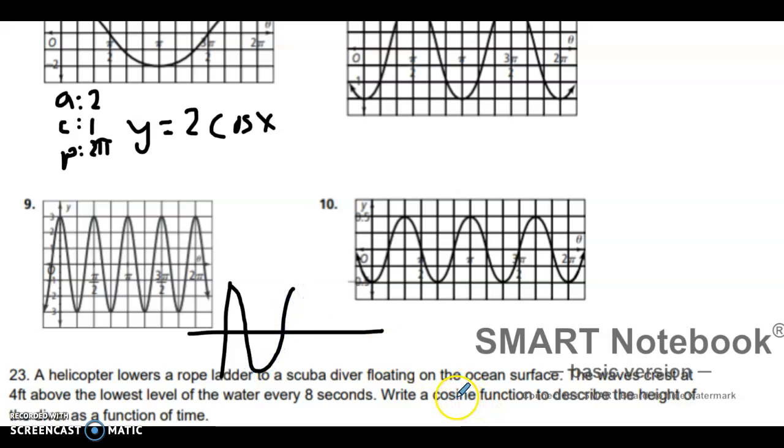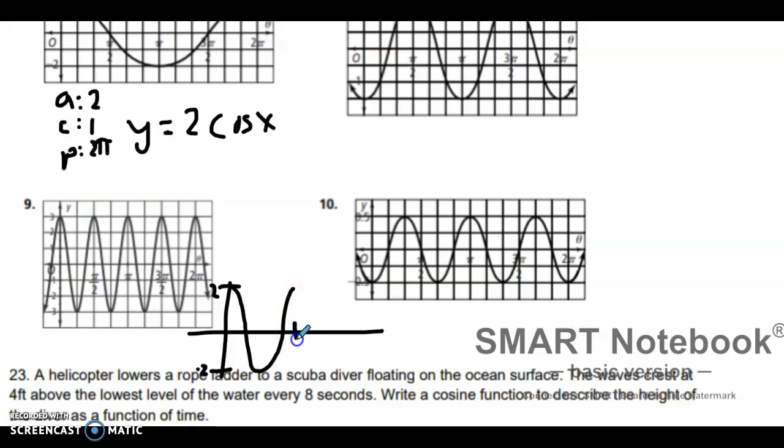And it said write a cosine function, so that's why I started up here. So it says it's 4 feet above the lowest level. So that means from the bottom up to the top is 4. So that means that this is 2, and it goes down to -2 because the midline would be halfway between that. So hopefully that helps you get started on there.